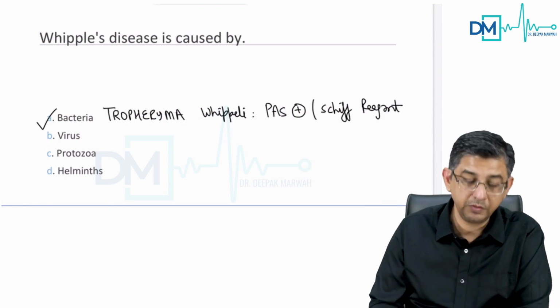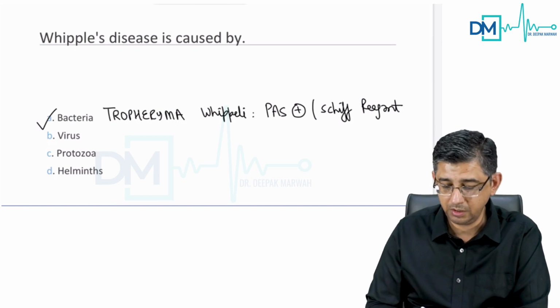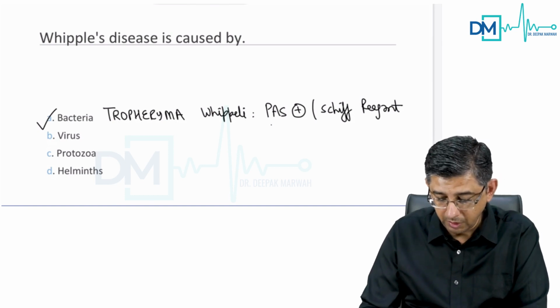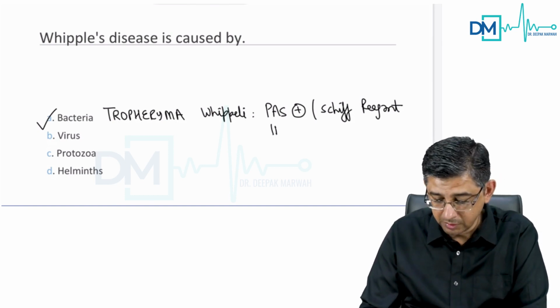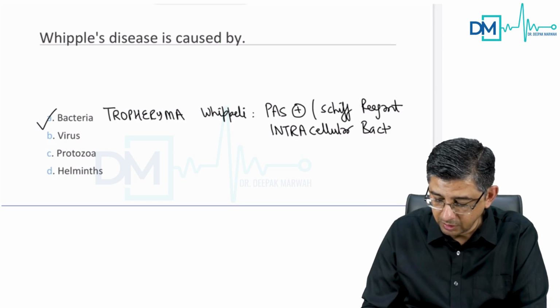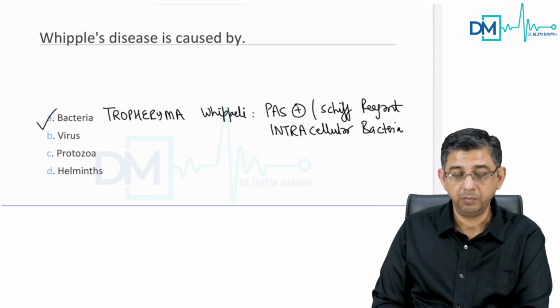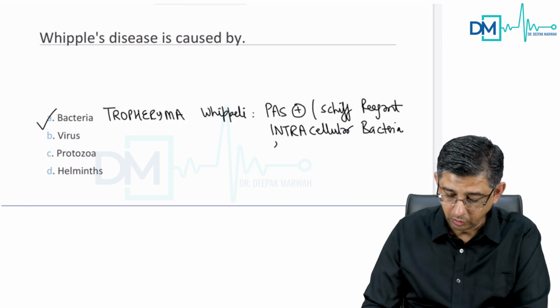The advantage of this Schiff's reagent, or the PAS reagent, is that it would help you identify this intracellular bacteria. Remember that Helicobacter pylori is an extracellular bacteria, but this would be an intracellular bacteria that would be found in the macrophages of the intestine.